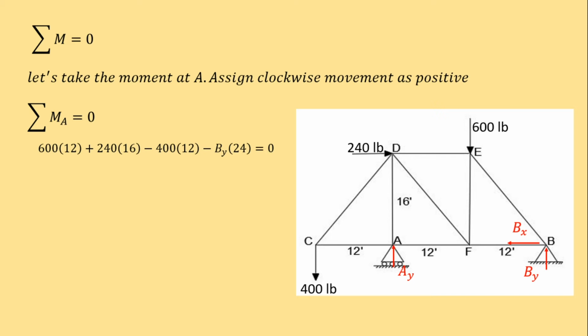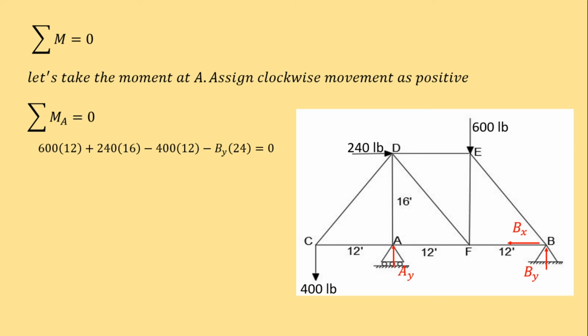So taking moment at A, so we have the load na 600, which is magkakaroon siya ng clockwise movement at point A, di ba? So magka-clockwise movement siya. So 600 times yung perpendicular na 12 feet distance. So plus 240 times yung 16, and then minus 400 pound na downward, which is magkakaroon siya ng counterclockwise movement, kaya siya minus.